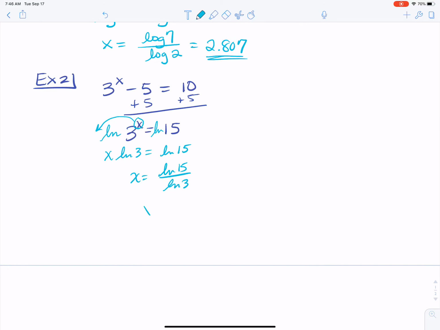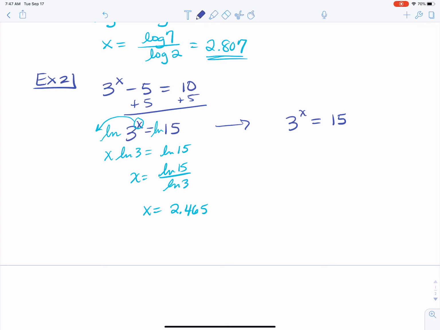If you don't like that method, that's perfectly fine. A lot of my students end up going from this step. They like to do the definition of a logarithm. So they change this to log form.